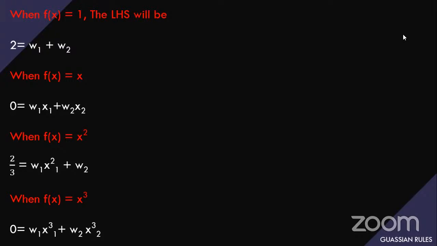Now, the interval they gave us was from -1 to 1, so this is a definite integral. When you integrate 1 and get x, you input the values 1 and -1. That means 1 minus -1, and 1 minus -1 is going to give us 2. So this was how they got the value of 2.